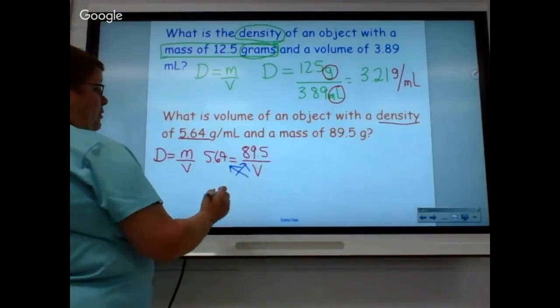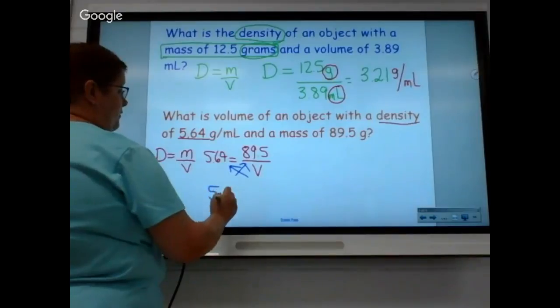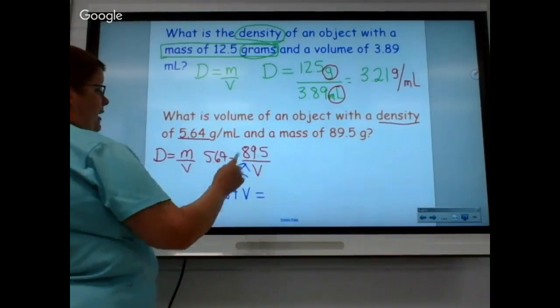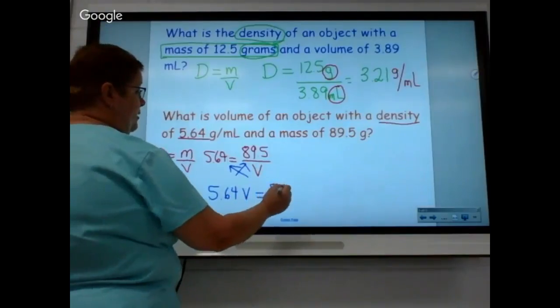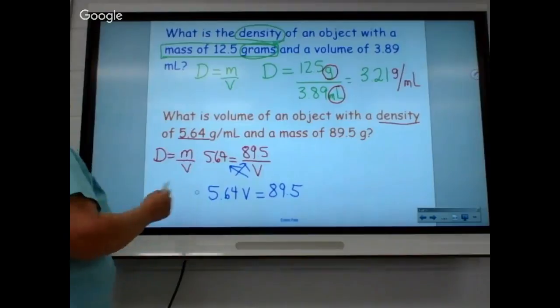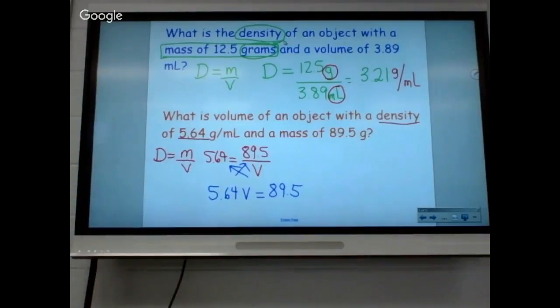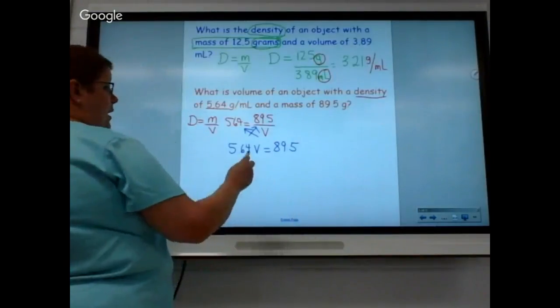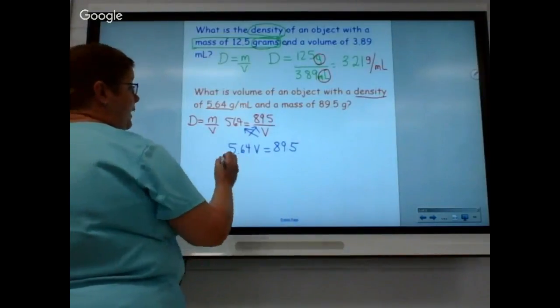V times 5.64 is 5.64 V. 1 times 89.5 is 89.5. Now that I've got rid of the fraction, does anybody have a question about how to solve for the V? No, because everybody knows it's multiplied, and what's the opposite of multiply?